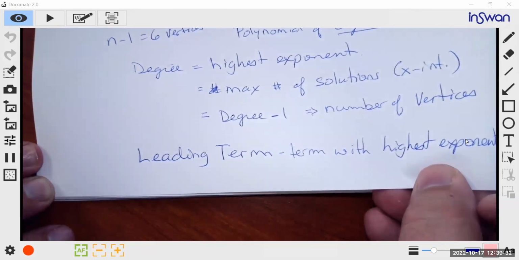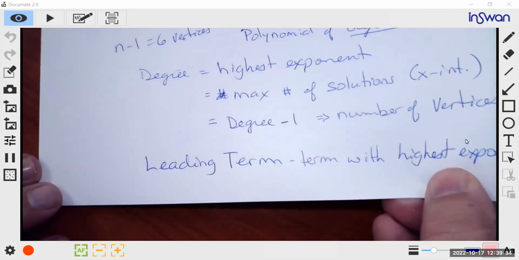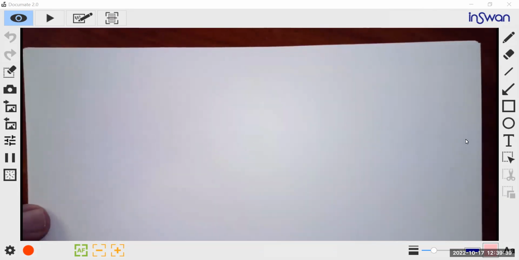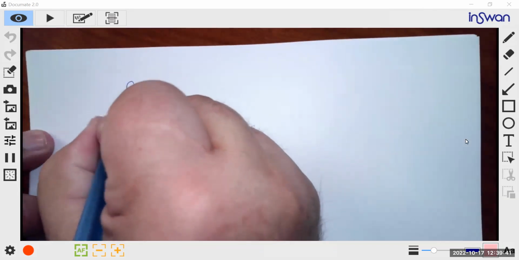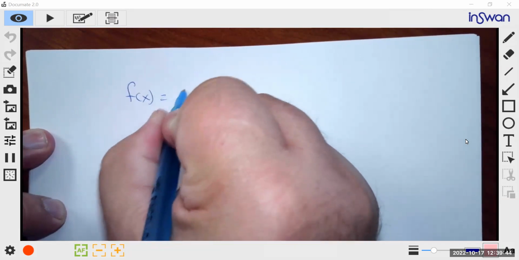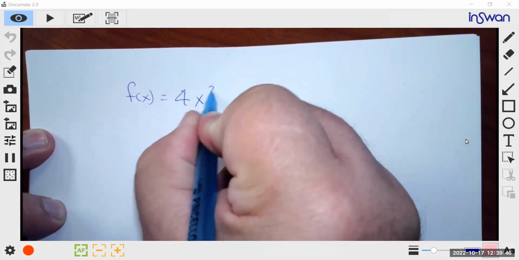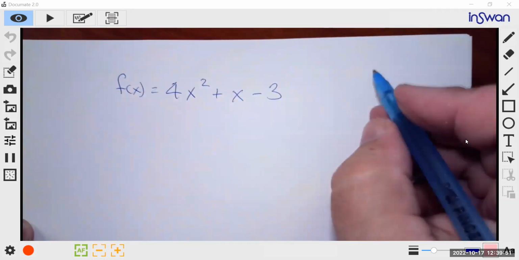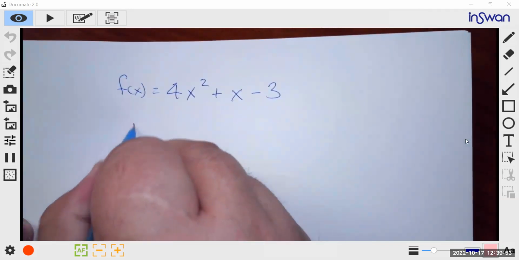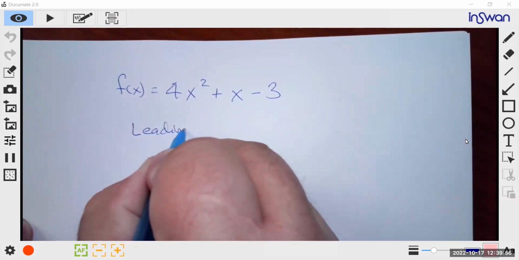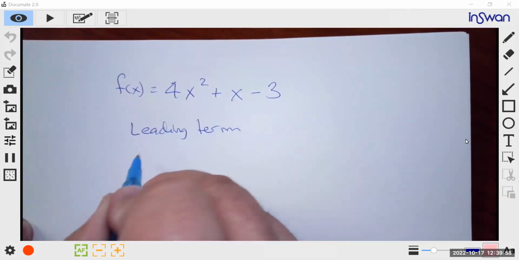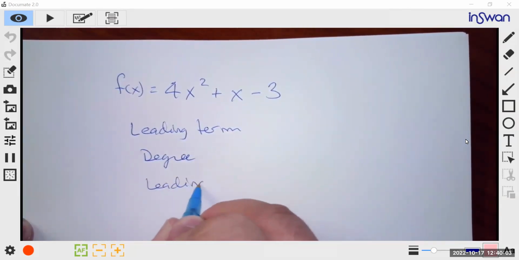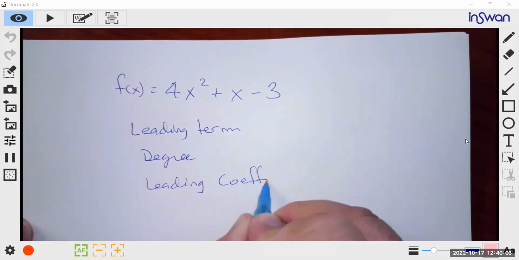Let's look at some examples and let's dissect it, see what it tells us. So here we have this one. Tell me what the leading term is, the degree, and the leading coefficient.